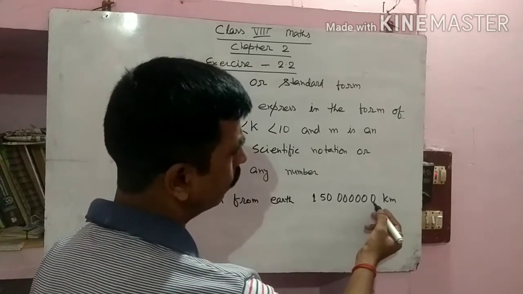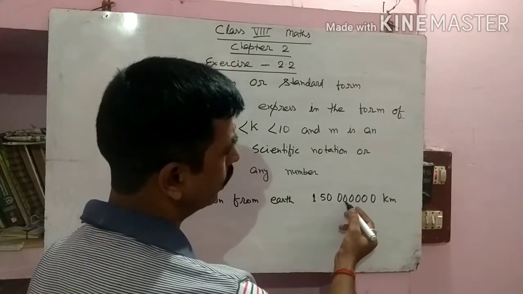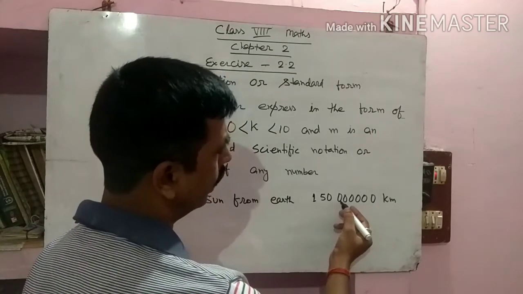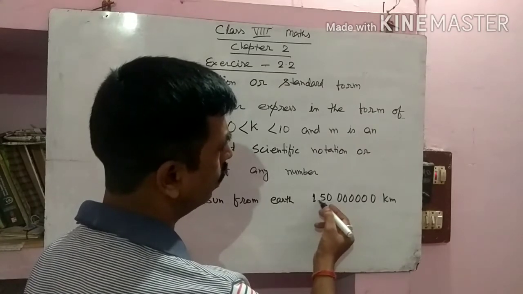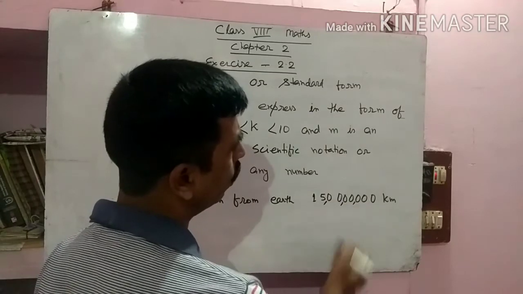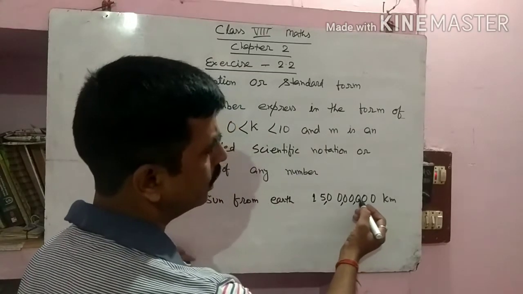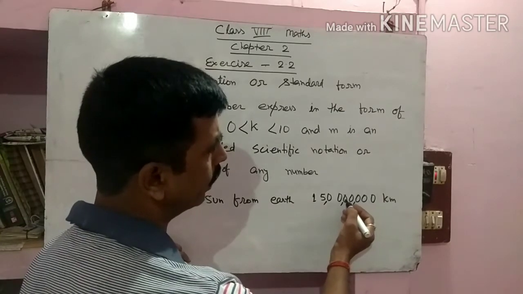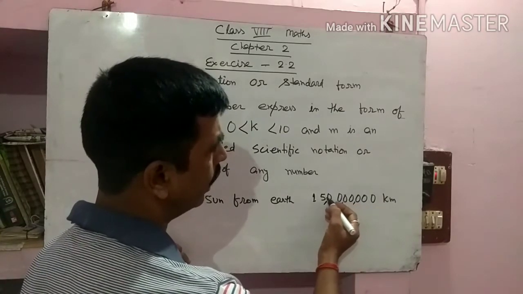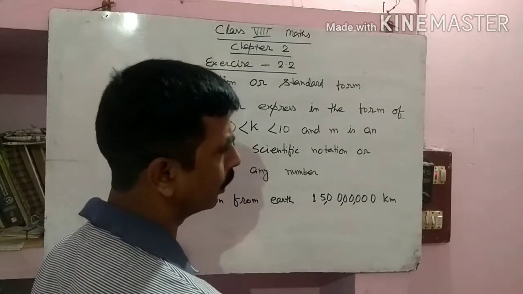Then it will be ones, tens, hundred, thousand, 10,000, lakhs, 10 lakhs, crore, 10 crore. Means that is 15 crore kilometer.